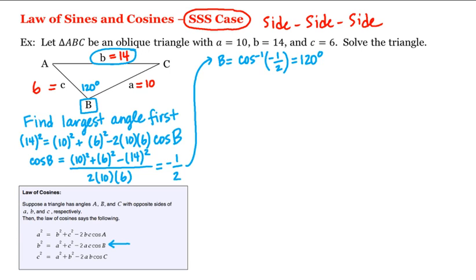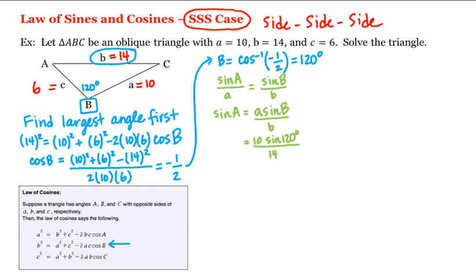So let's use the law of sines to find capital A. That is, we have sine of capital A divided by little a is equal to sine of capital B divided by little b, or sine of capital A is equal to little a times sine of capital B divided by little b, which is equal to 10 times sine of 120 degrees divided by 14.